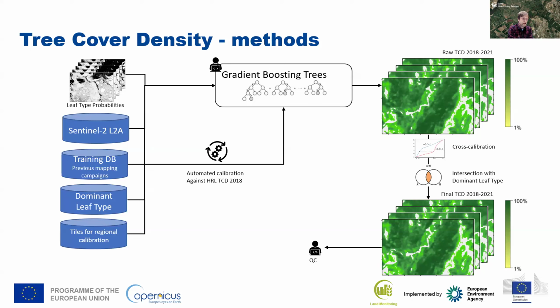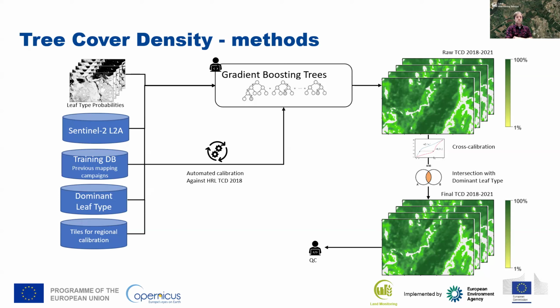Here, a different model is used to predict the tree cover density values: we use a gradient boosting tree model to produce the raw TCD maps. This is also done on a regional level to account for the different biogeographical characteristics of the regions across Europe.